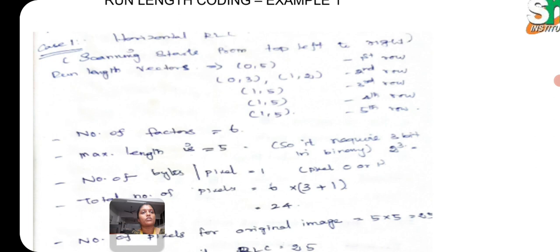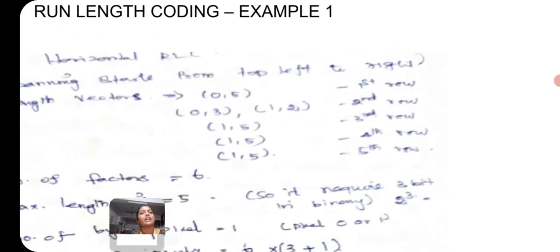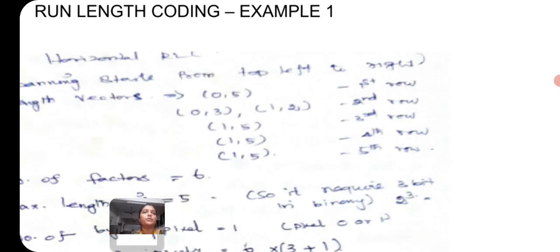So the RLC output is 0, 5. In the second row, there are 3 zeros followed by 2 ones, so the RLC output is 0, 3 and 1, 2. In the third row, there is a run of 5 ones, so the RLC output is 1, 5.